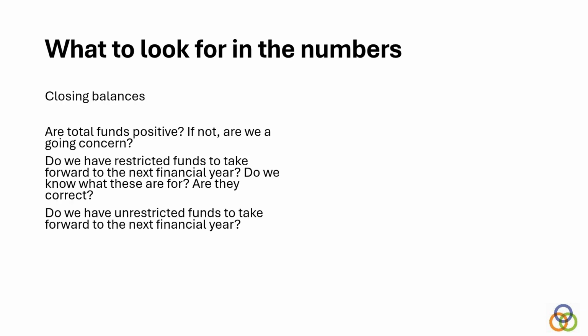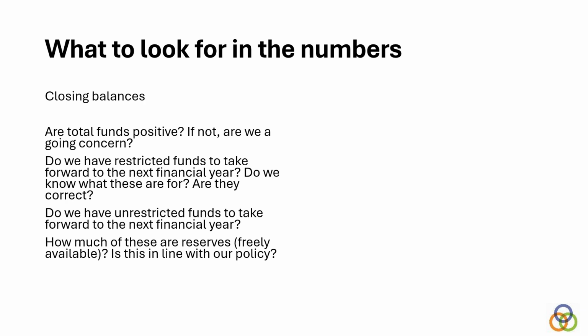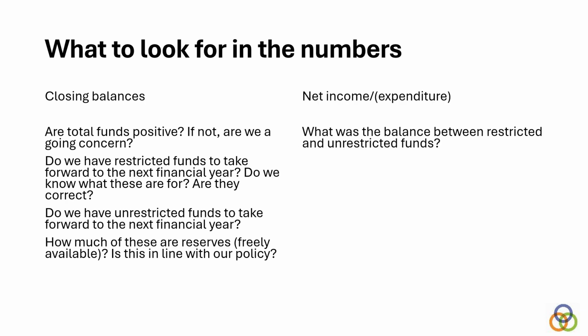What to look for in the numbers? Well, on the closing balances, you're looking to see if the total funds are positive or deficit, and if you're a going concern. Can you pay your bills as they fall due for the next 12 months? Are assets greater than liabilities? You look at your restricted funds. What are we taking forward? Is that right? You look at your unrestricted funds. How much of these are reserves, and is that okay? Is that in line with the policy?